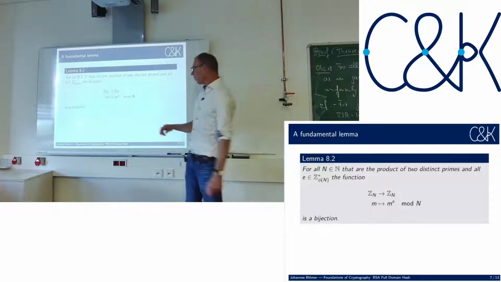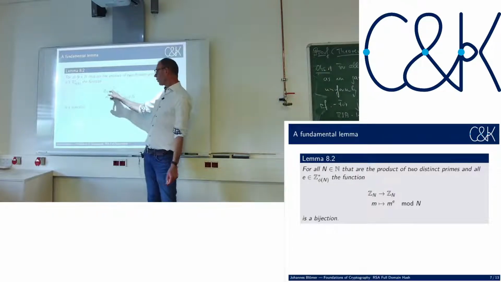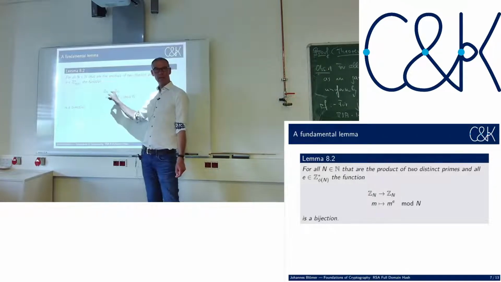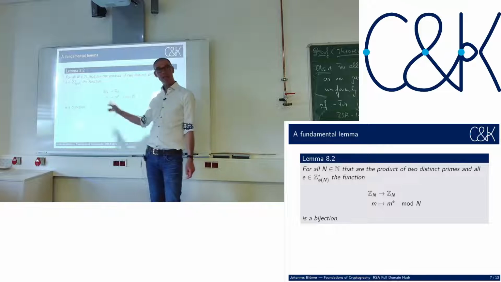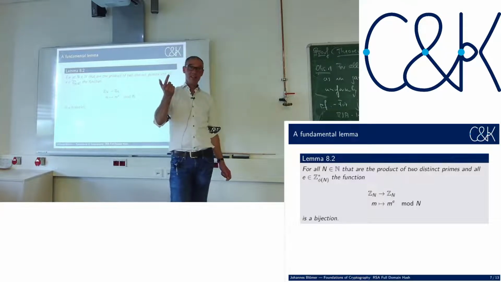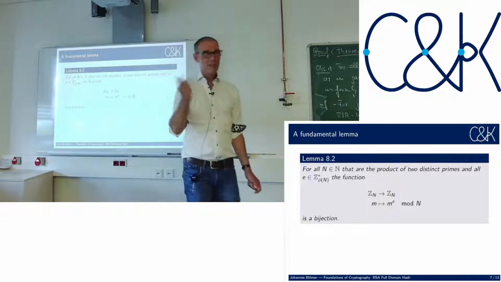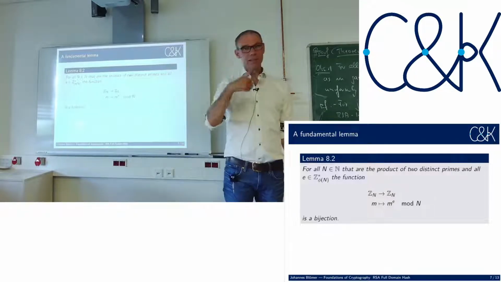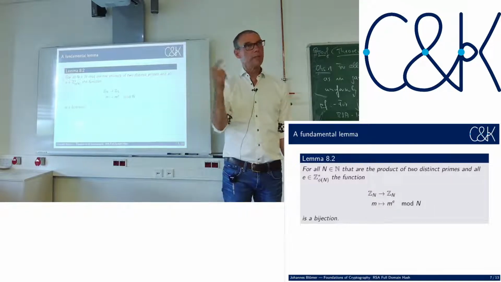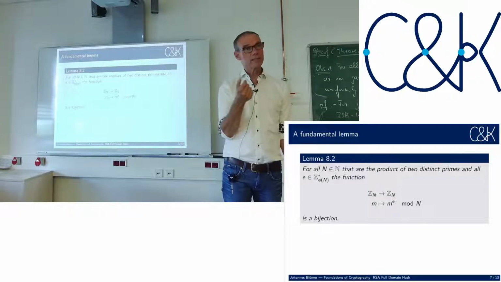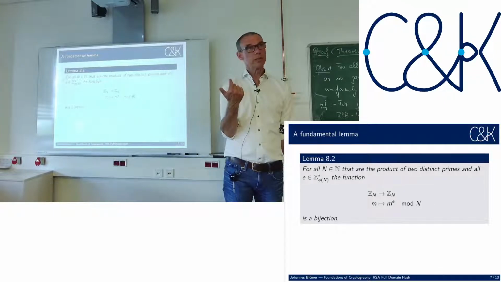So instead of picking an element uniformly at random directly from Zn, I can also pick an element uniformly at random and then apply the bijection, because on a finite domain, a bijection keeps the uniformity. Everyone has a single preimage.